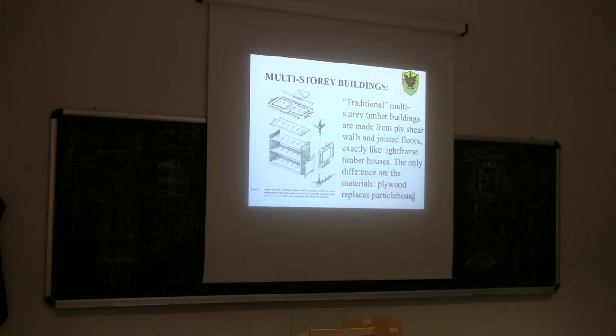Much simpler for the builder to build a platform type of construction than to build what is called balloon frame, which means a frame where the studs are continuous and the floors are connected outside on the studs.